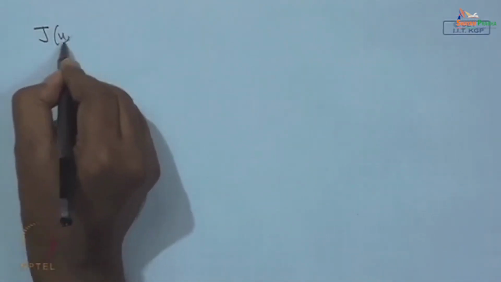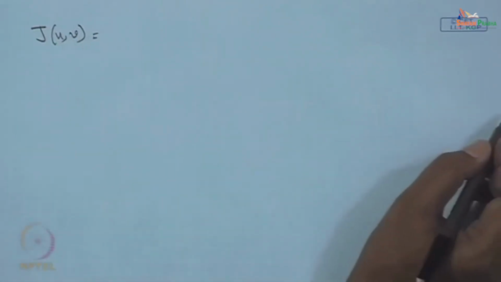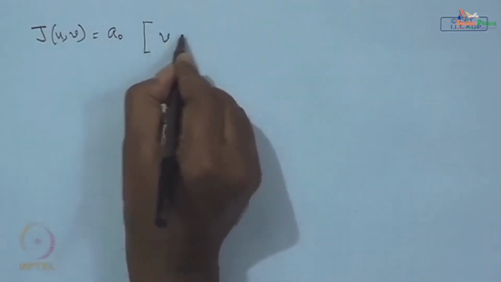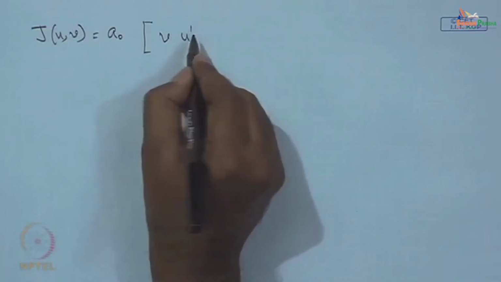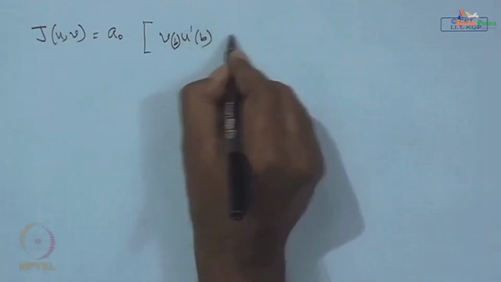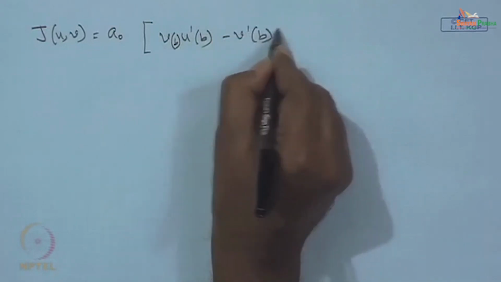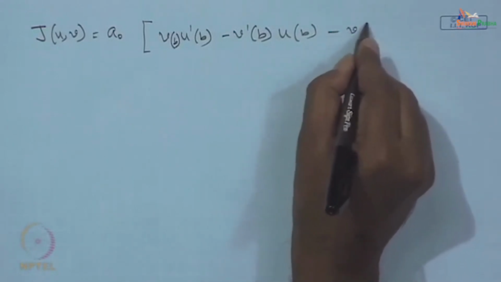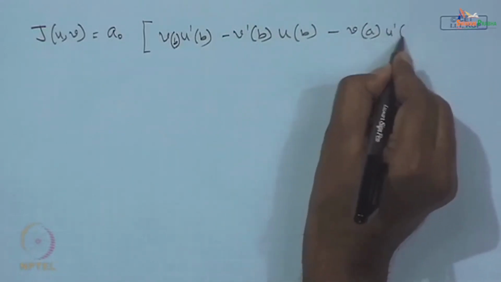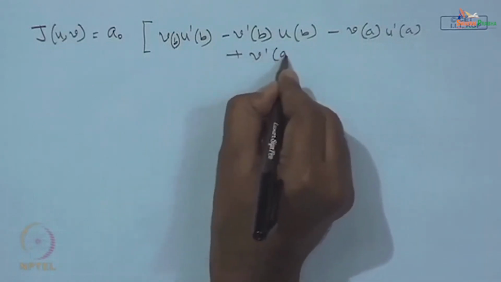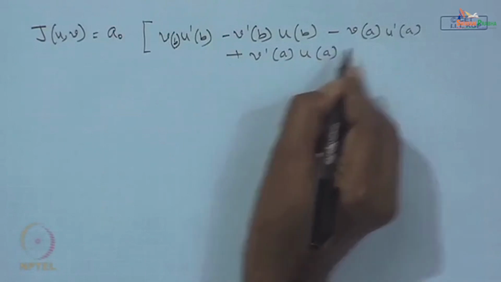Now, let us evaluate the bilinear concomitant term. So, this becomes a0 times v u' evaluated at b, minus v' evaluated at b times u evaluated at b, minus v evaluated at a times u' evaluated at a, plus v' evaluated at a times u evaluated at a.